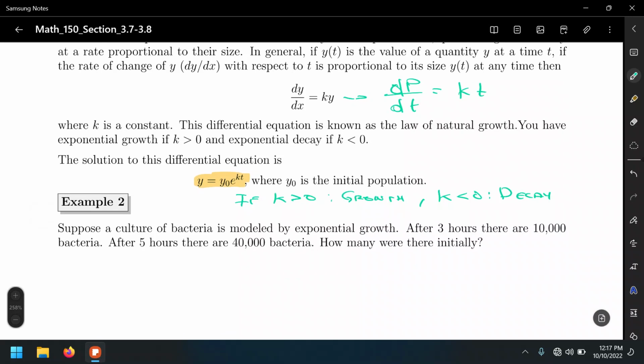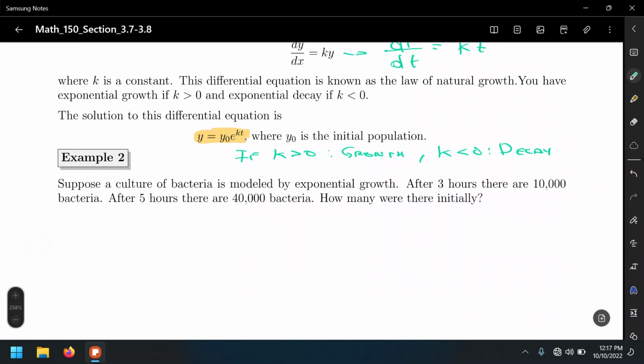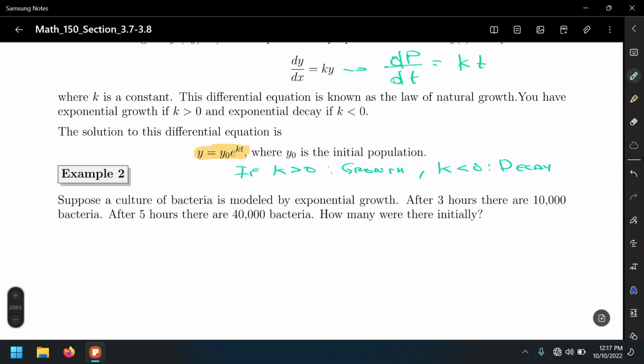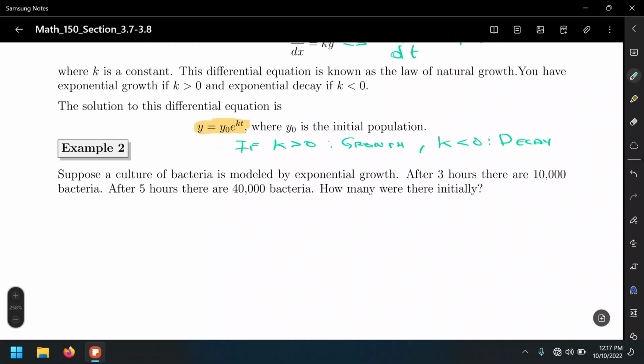So let's look at one example to get this model at work. Suppose a culture of bacteria is modeled by exponential growth, and after 3 hours there are 10,000 bacteria, and after 5 hours there are 40,000 bacteria.